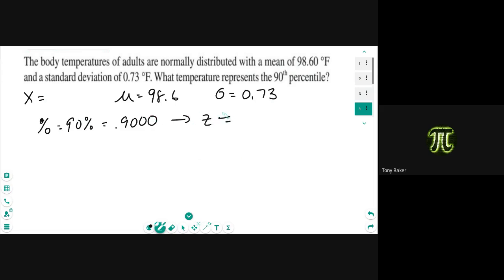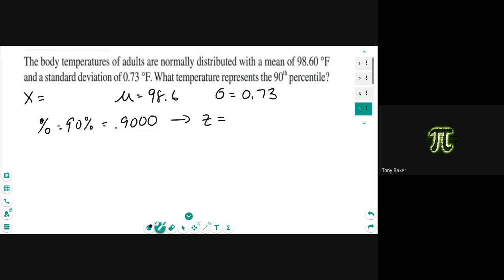And what z-score is going to give me that? Is that the closest one? What about 0.8997?